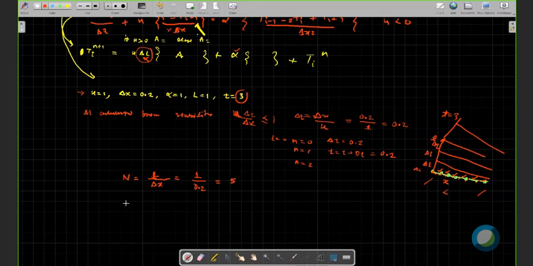Okay, so actually the number of points will be 6. So you have 6 grid points. You should know how many grid points there are, and how many t values you have to get into.